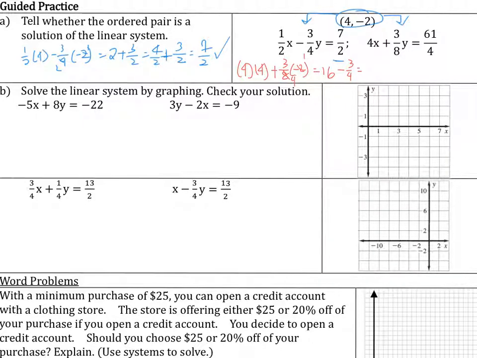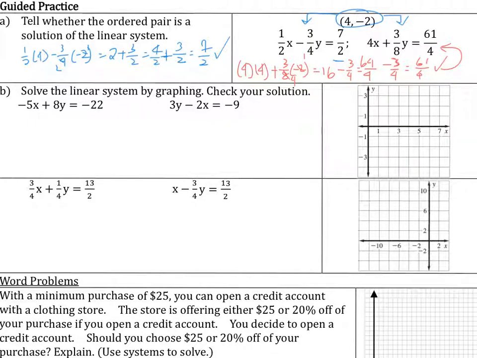I could change 16 to 64/4 minus 3/4. And this would be 61/4. And yes, it does equal 61/4. So (4, -2) is a solution.